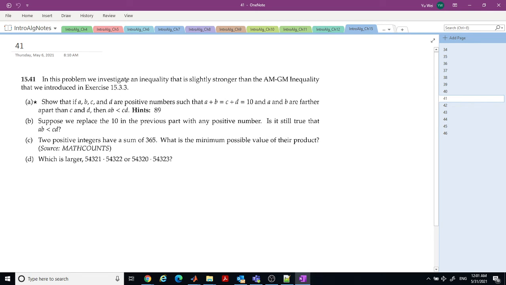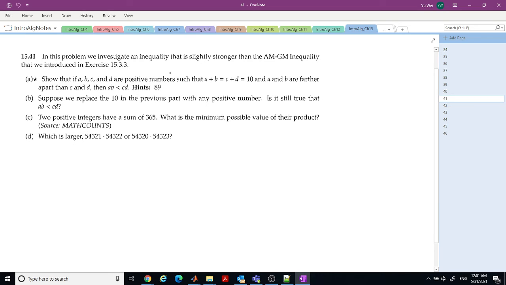So in this problem, we are going to investigate an inequality slightly stronger than the AM-GM. Okay, so A, B, C, D are positive, and for example the sum is 10. So A and B sum to 10, and C and D sum to 10.